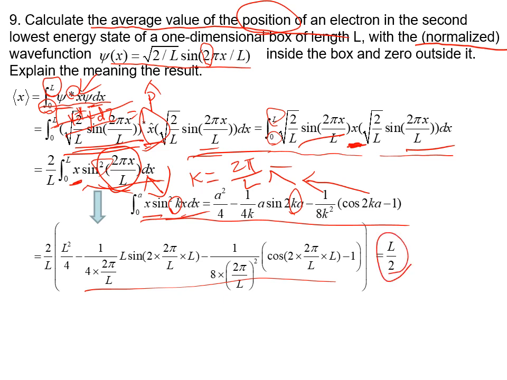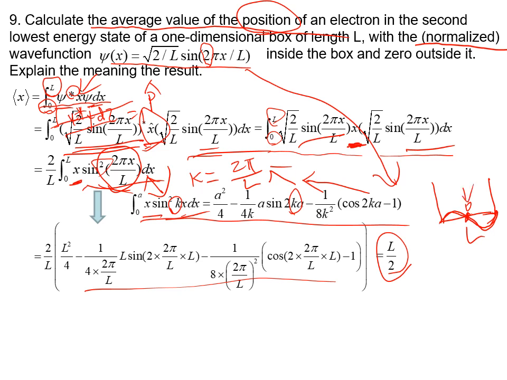Now this wave function, if you plot it in the box of length L, you should see something like this. It's a wave like this one. The center is 0, so there's no possibility you find the electron in the center.